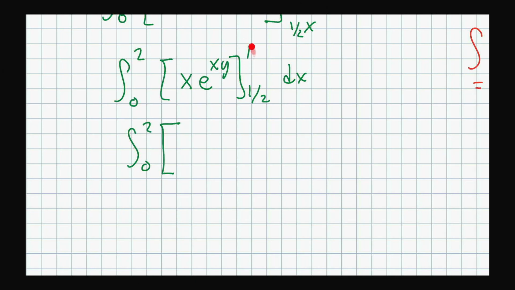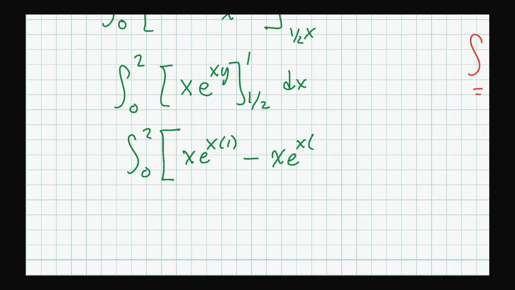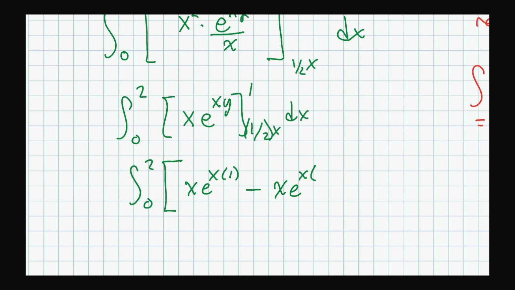So you put a 1 in for the y's. There's only one y. So it's x e to the x times 1 minus x e to the x times 1/2 x, dx.